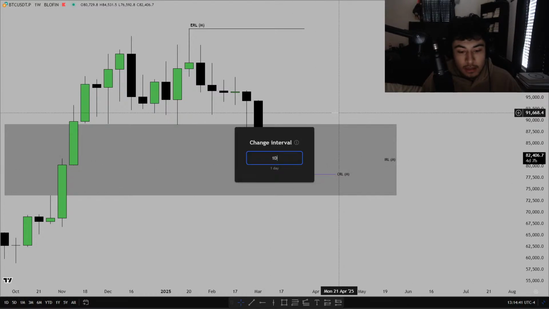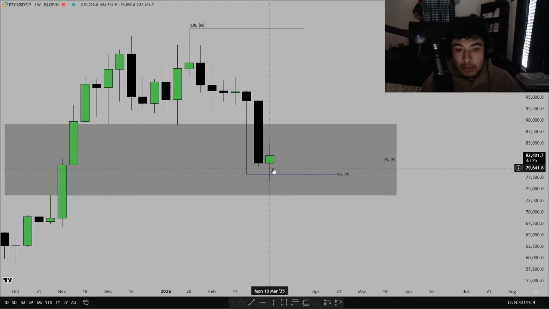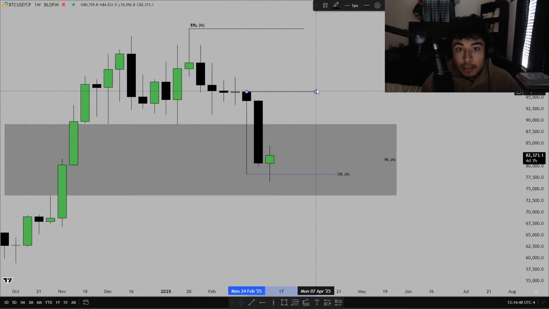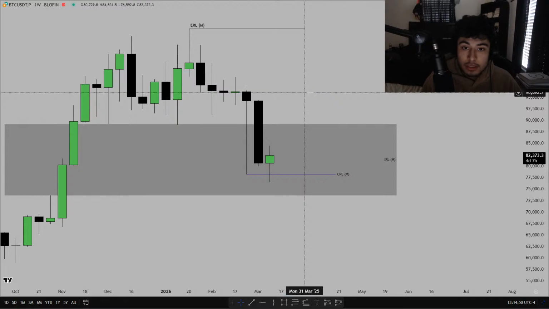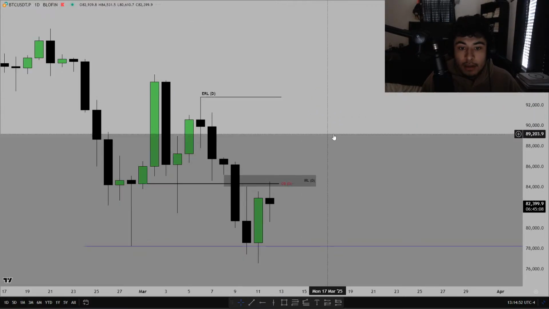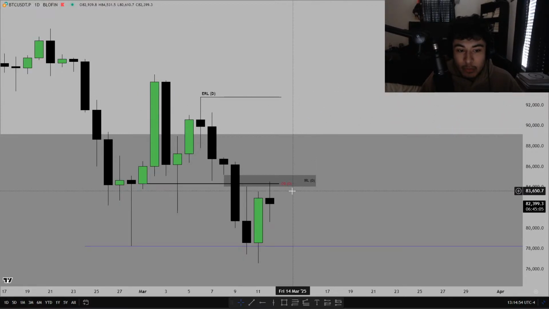If it does close above here, then eventually you want to start to see the market reverse and form a change in the state of delivery, or that bullish order block. And then on the daily it is a little bit more scuffy, in my honest opinion, with how everything has formed here. It looks nice, but at the same time it really doesn't.